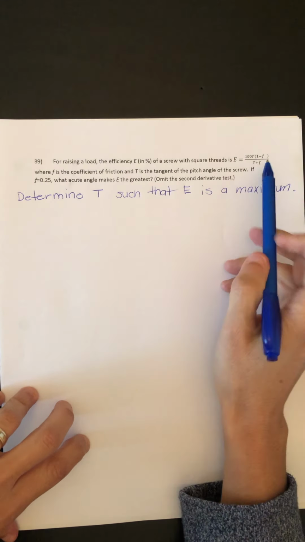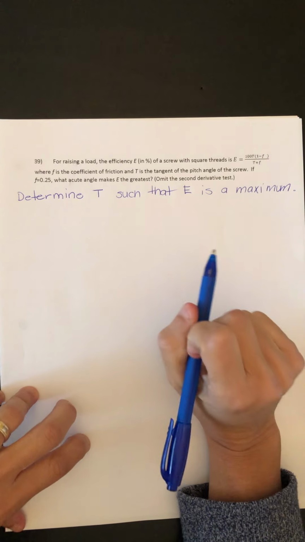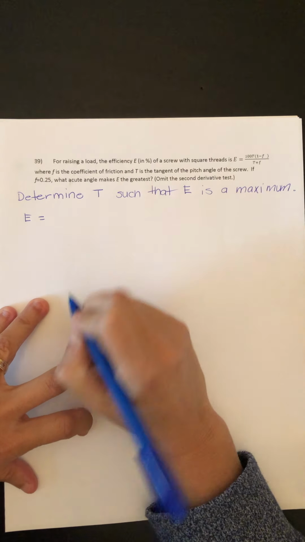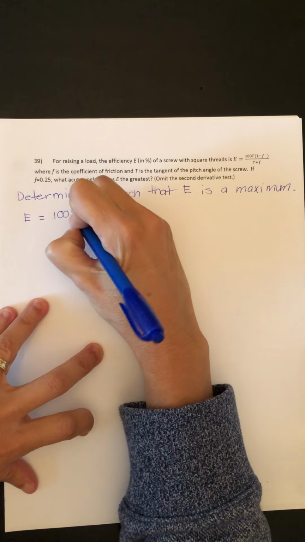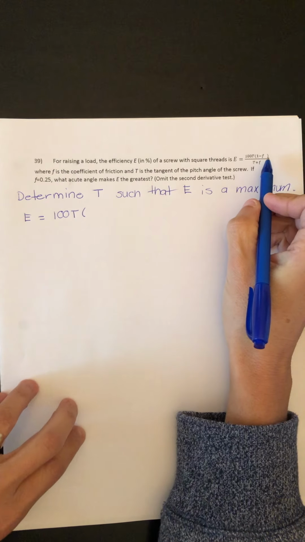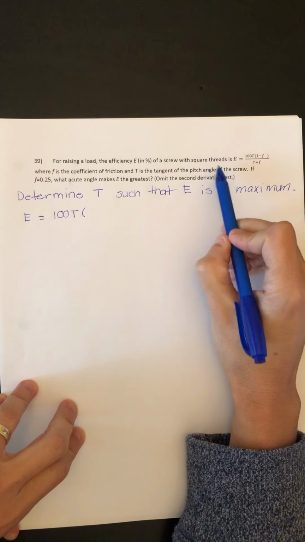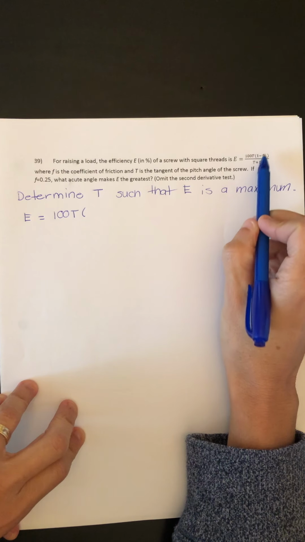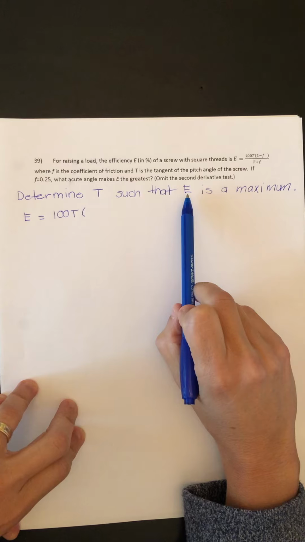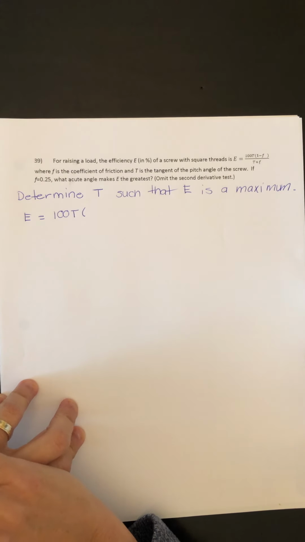Okay, so we are going to begin with the equation given. Except that there is one other letter involved in this equation, and it's little f. Little f can be treated as a constant, and in fact it's given to be the number 0.25.